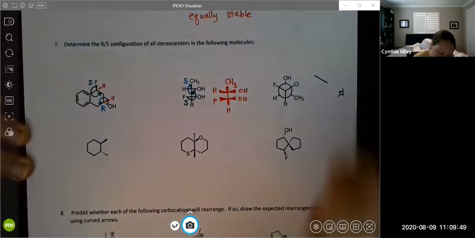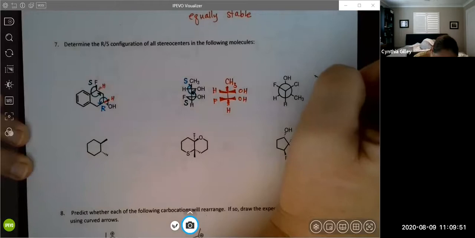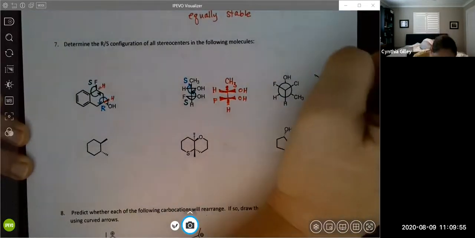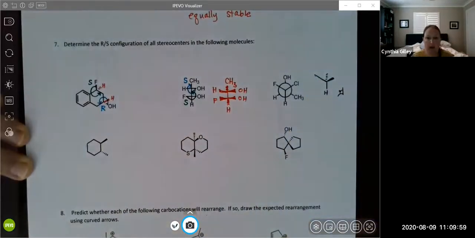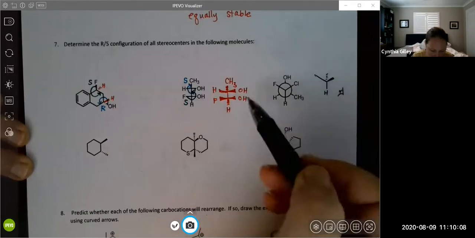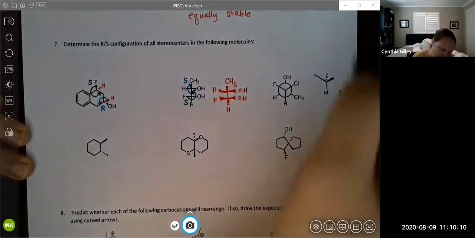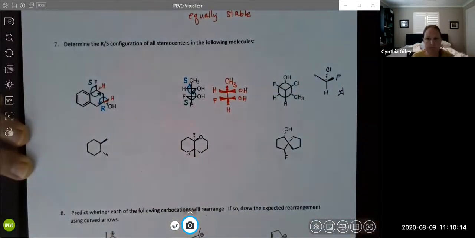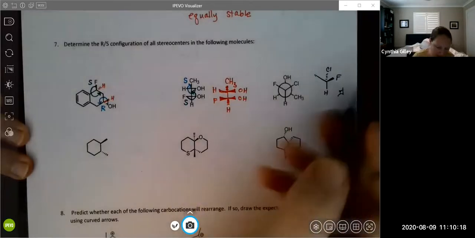So on the front carbon, I can put my hydrogen, which is this one, pointed straight down, right? Then I know that I have a wedge and a dash. And from my viewpoint, whatever is on the wedge is going to be to my left. So that's actually the fluorine. I'm going to put in fluorine and chlorine. And then over here, pointed directly straight up, is an OH group.